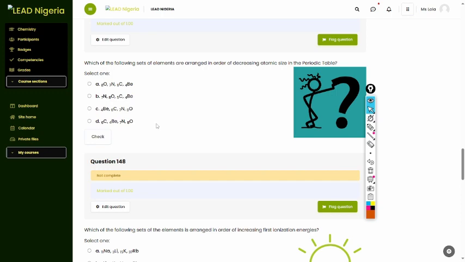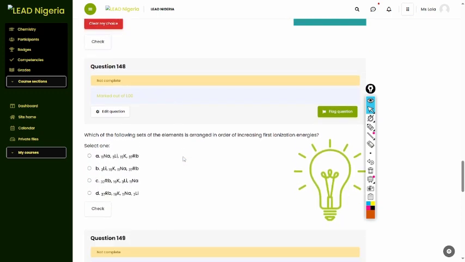So the size of the atom decreases across the period. If we are to arrange this in order of decreasing atomic size, we go from the highest to the lowest. The highest atomic size would be from the lowest group. So the lowest group would be beryllium, followed by carbon, then nitrogen and oxygen. Oxygen has the lowest atomic size, but beryllium has the highest atomic size. So the answer is C.